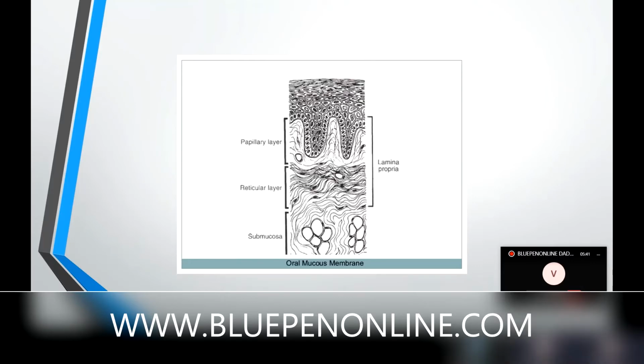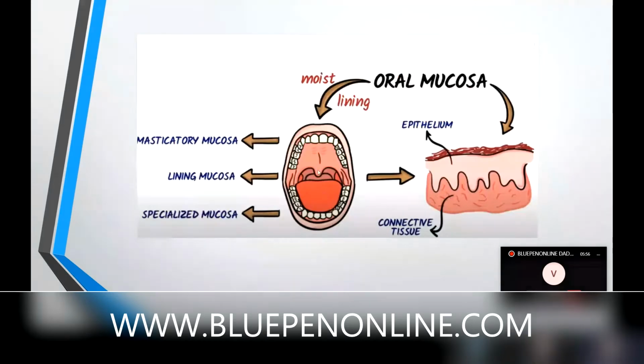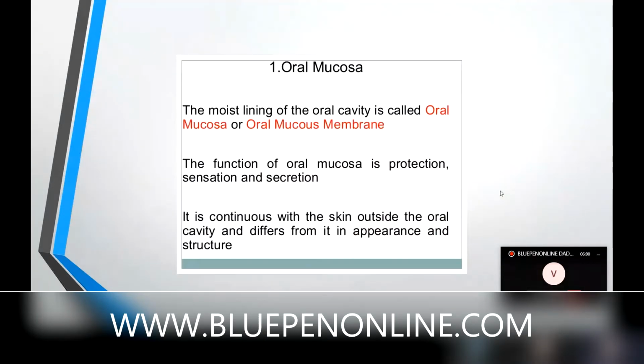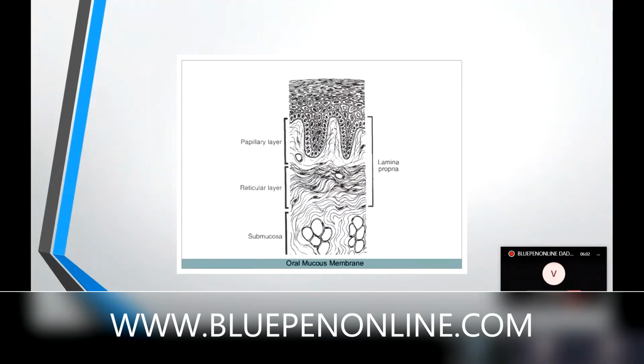Now the oral mucous membrane is made up of epithelium and connective tissue, as we saw. Connective tissue has fibers. It is broadly classified as epithelium above and connective tissue below. Coming in depth, the lamina propria is further divided into the papillary layer, reticular layer, and submucosa.